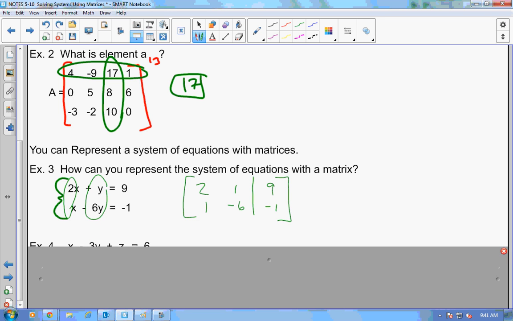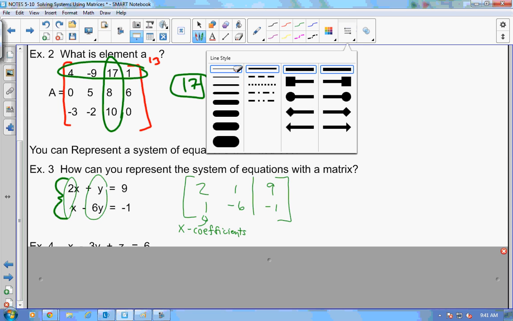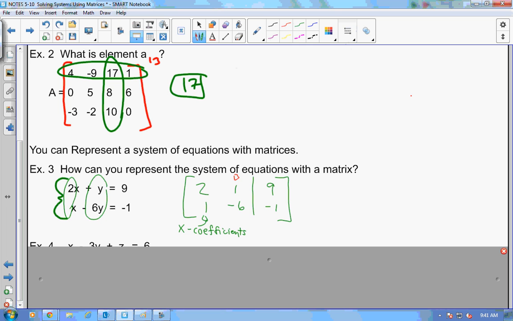Okay, so there's order. Again, the first column was the x coefficients. If you're missing an x in your equation, then you put a 0. If the other equations have an x and one of the equations doesn't, you put a 0 in the x position. Then this is the y coefficients.